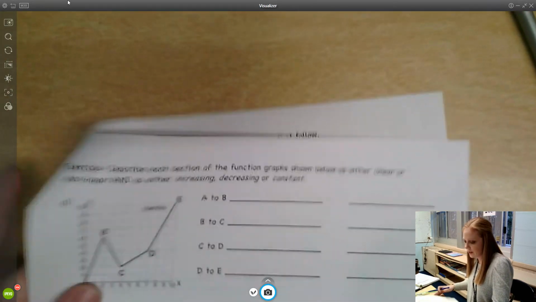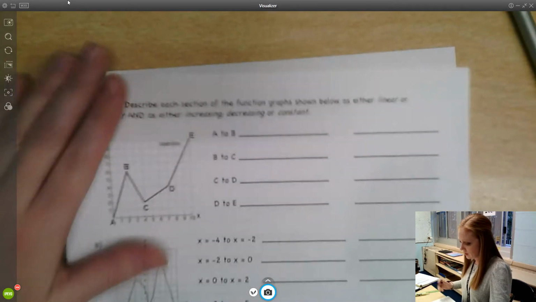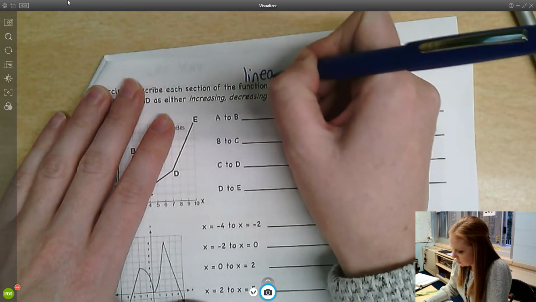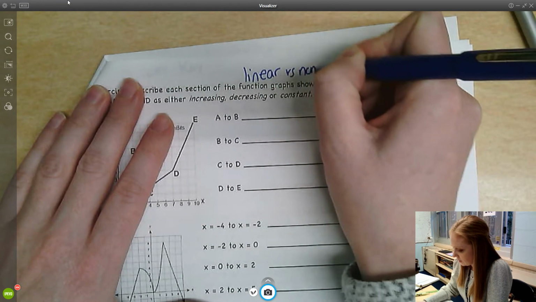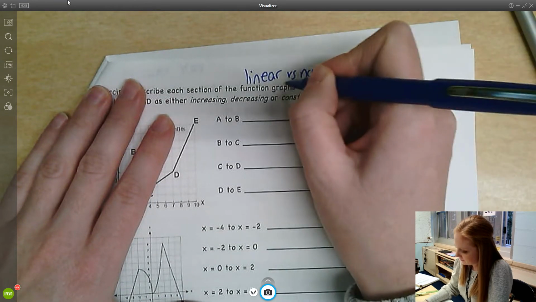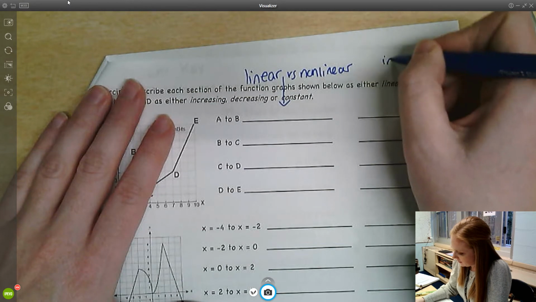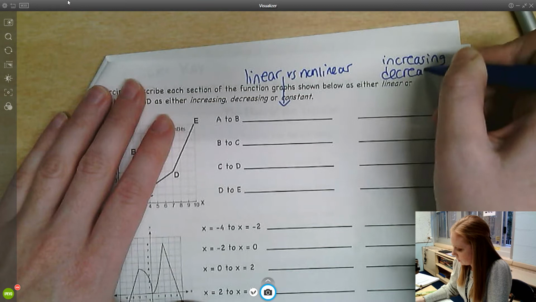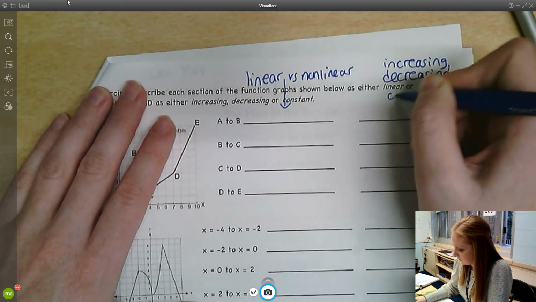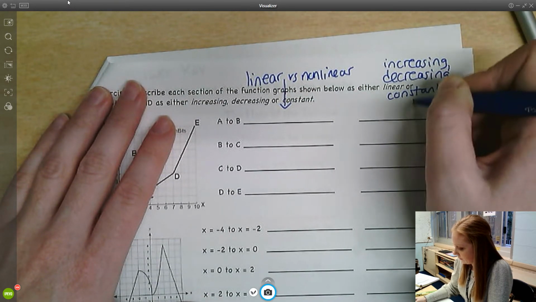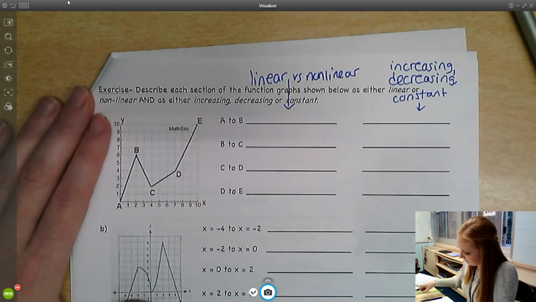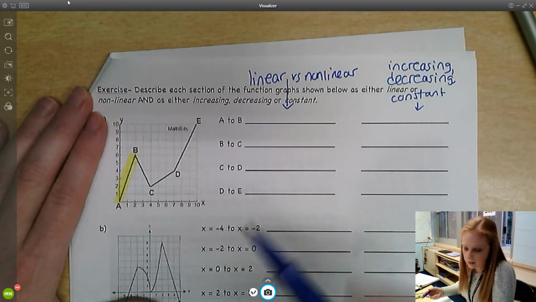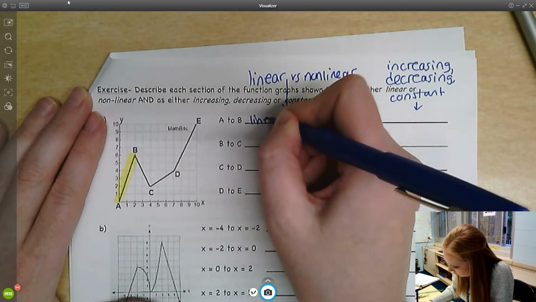So let's analyze these graphs. Okay, so we're going to describe each line segment as linear versus nonlinear on the first line, and then as increasing, decreasing, or constant on the second line. All right, so A to B. A to B is linear. It is just a straight line that I could go over with my ruler.